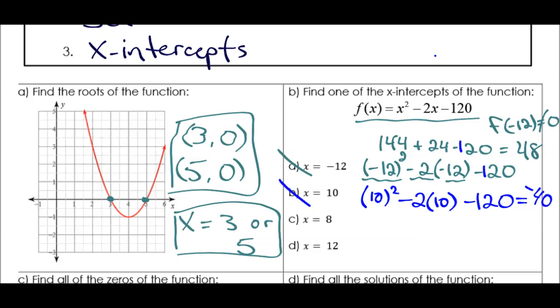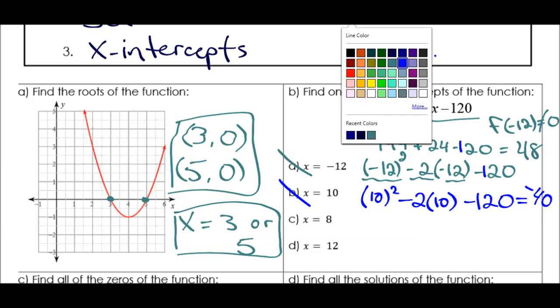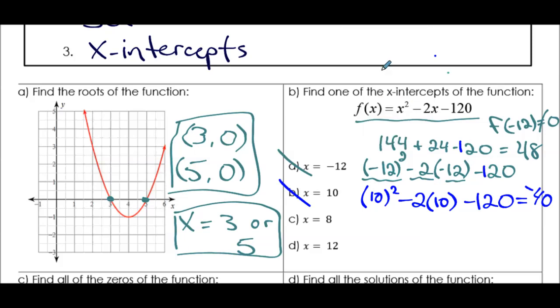That's not what we're looking for either. It's supposed to be 0. I'm going to plug both of these last two in. X is now 8. 8 squared is 64, minus 2 times 8. That's now 48. Minus 120 is negative 72. That's not what we're looking for either, so just by process of elimination, it should be D.